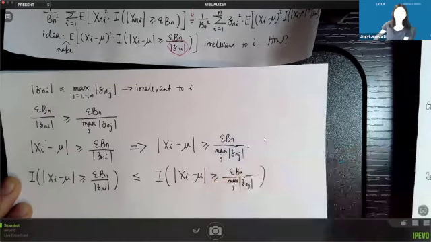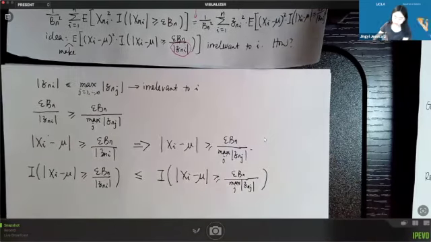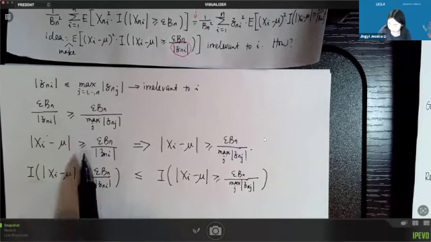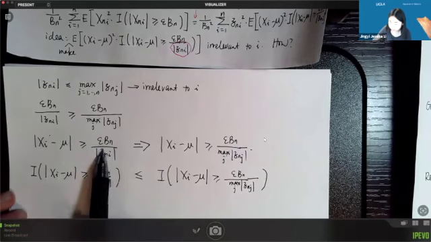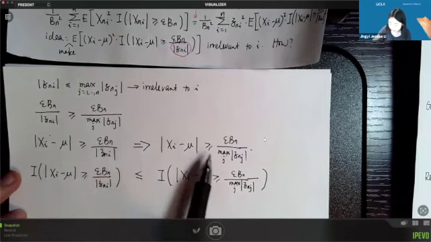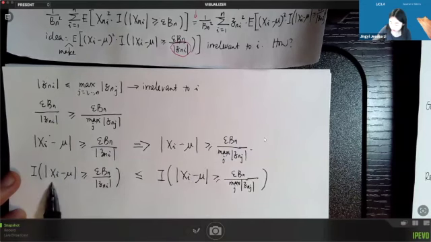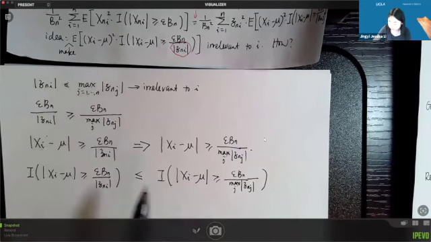And this is very important. This is a very important trick in dealing with probability. If one event A implies another event B, then the indicator of event A is less or equal than the indicator of event B. This can also be seen probably more clearly by Venn diagram.